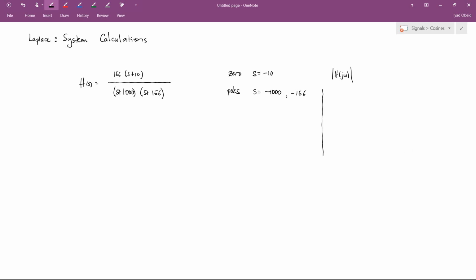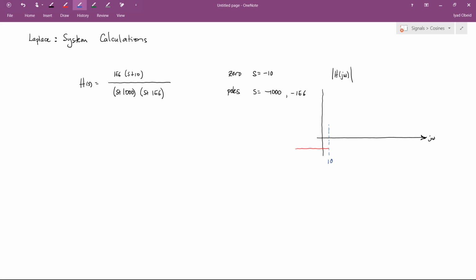if I were to draw myself an axis here, we know that at low frequencies, we're going to start at some constant value. And then when I reach s equals 10, I have a zero.